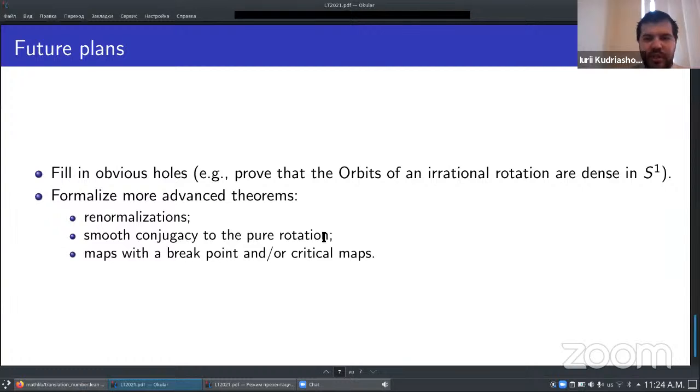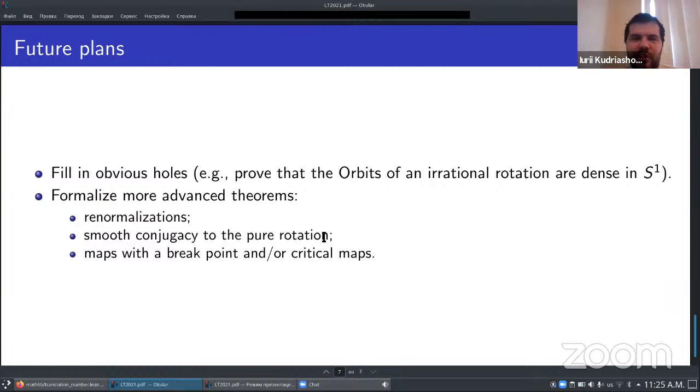Okay, now a couple of words about what I want to prove later. There's a typo here. First, I want to fill in some obvious holes. Like I didn't prove that the orbits of an irrational rotation are dense. It's a trivial result, but okay. What I really want is to have formalization of something about renormalizations.